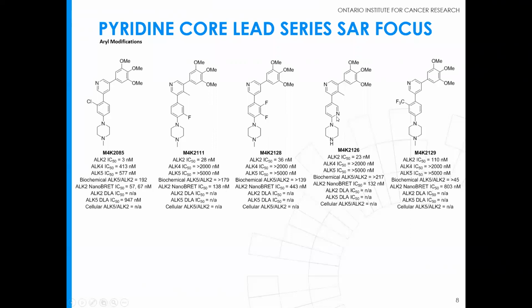And so that's something we'll take a look at. We should be able to make that compound quite easily and see if there's anything to be had there. Bulking up this chloride to the CF3 group was a little bit detrimental, but still some activity preserved. So again, suggesting, as is common with a lot of kinase inhibitors, there might be some room to play at this position if we do indeed decide to take a look at that.